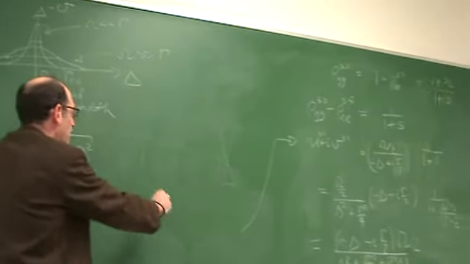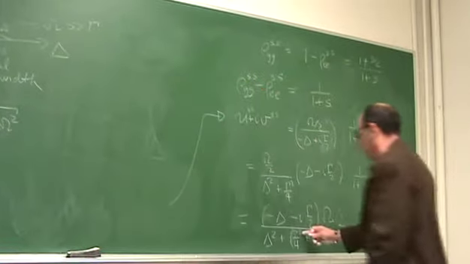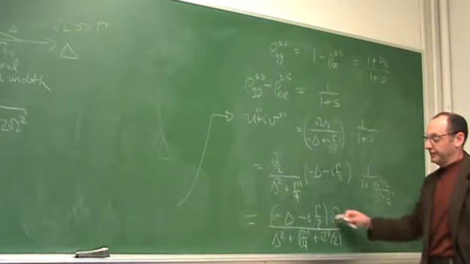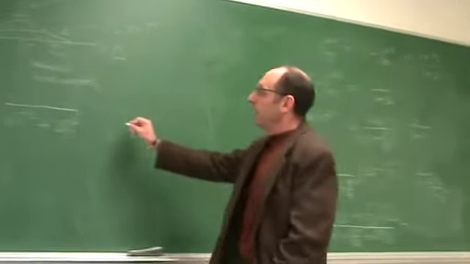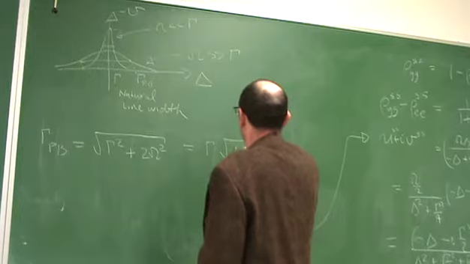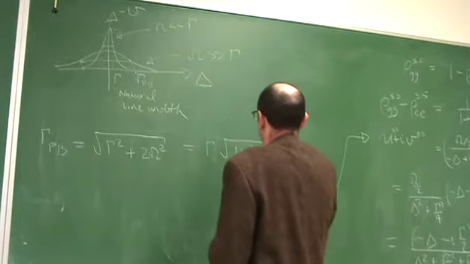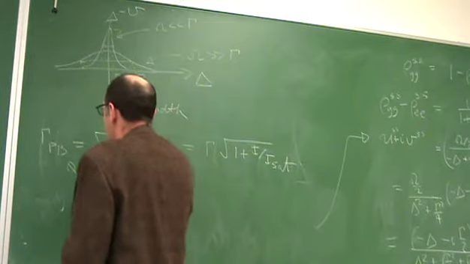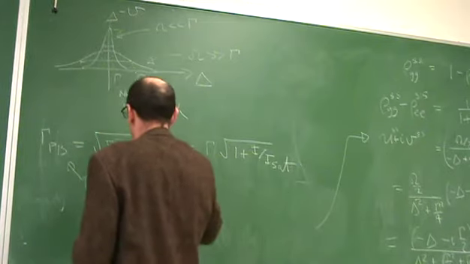If I were to write this, factor out gamma squared over 4, you see that there is an increase in the line width. That increase is exactly equal to the square root of 1 plus I over I sat. And PB stands for power broadening.